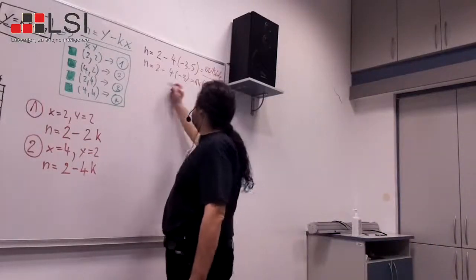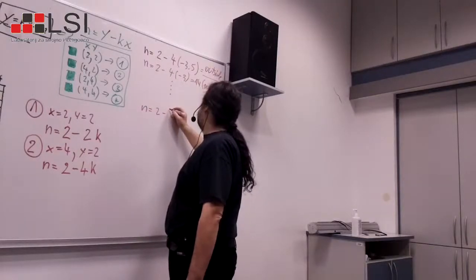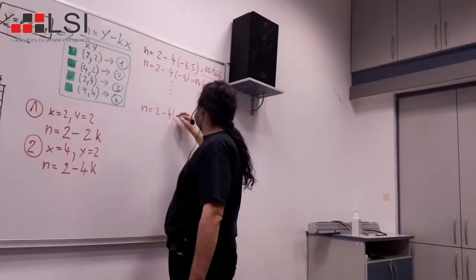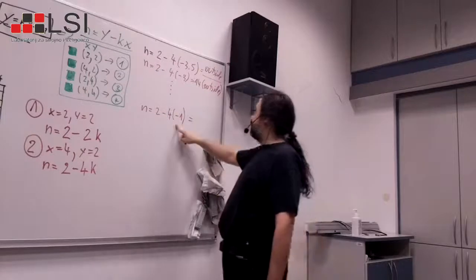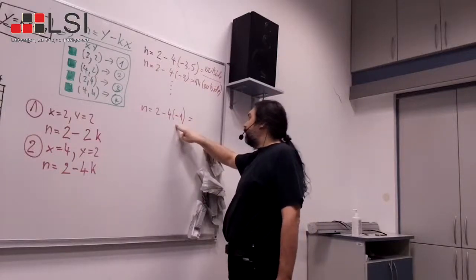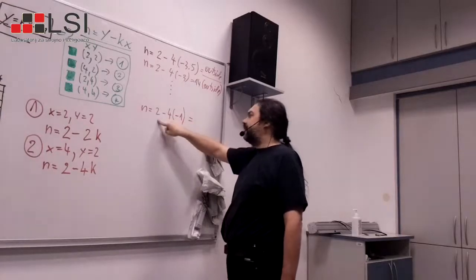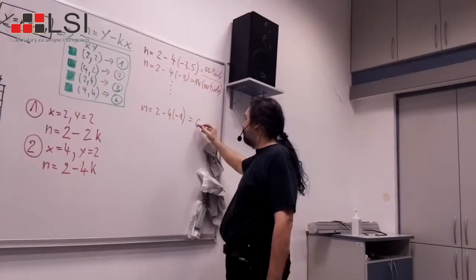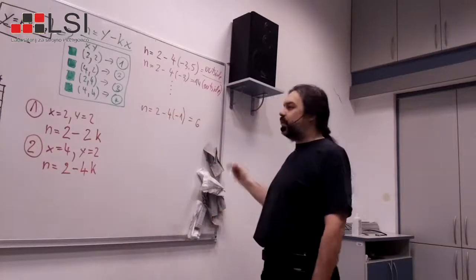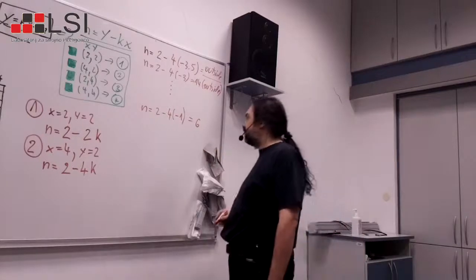So let's calculate the value of n is 2 minus 4 times minus 1. So what gives here? We have plus 4 plus 2, is 6. Wow, okay. So with 6 we are already inside, and we will put this inside the accumulator.